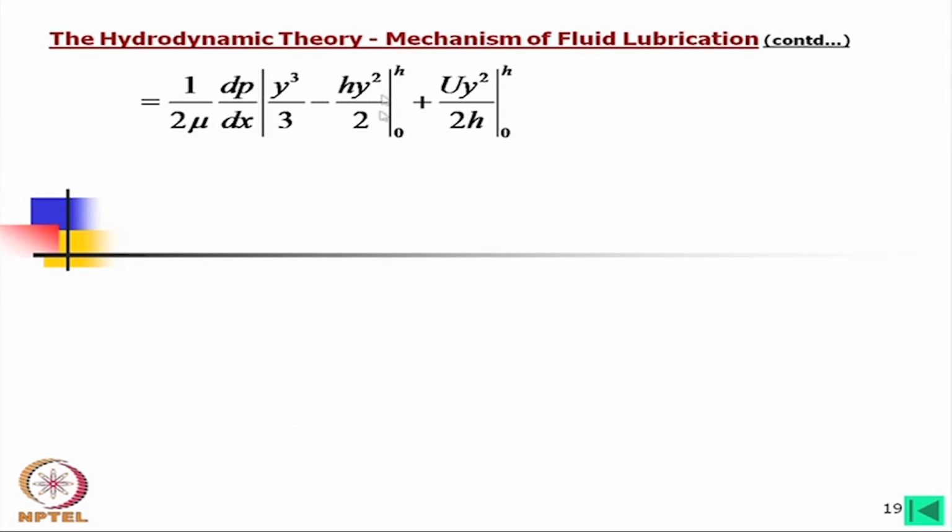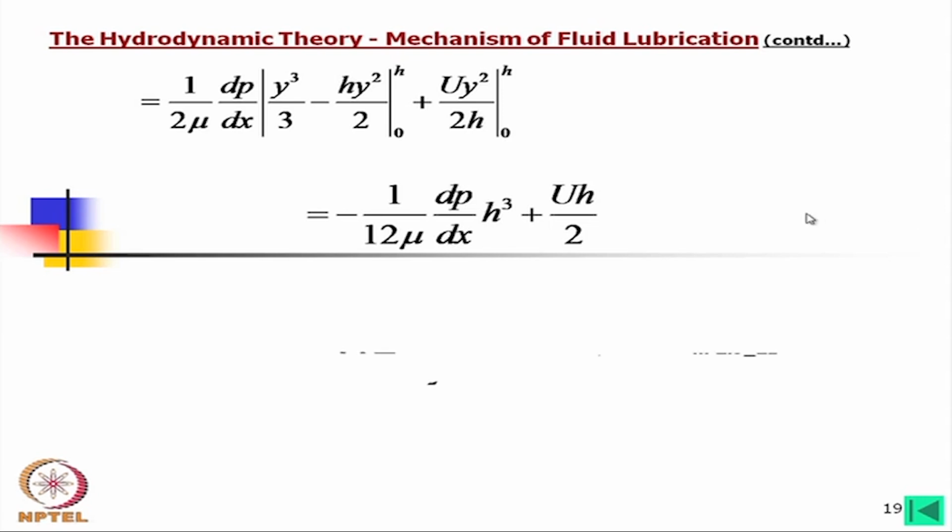Now, we integrate and put the limits, then we get this equation in this form: 1 by 2 mu dp by dx (y cube by 3 minus h y square by 2) plus u y square by 2h. This gives the form like this: minus 1 by 12 mu dp by dx h cube plus u h by 2.